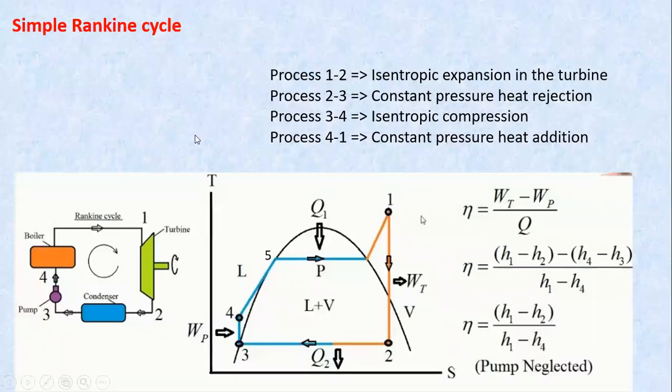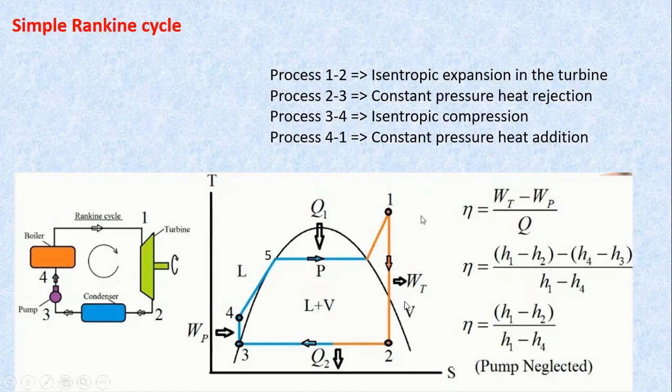In this slide, we are going to see the simple Rankine cycle. Again, in the simple Rankine cycle, we have the same four processes, but process 1 to 2 is isentropic expansion in the turbine, and 3 to 4 is isentropic compression, or the pumping work, which is the same as in the Carnot cycle.